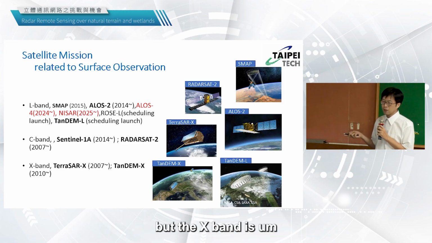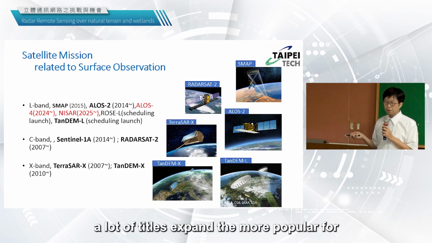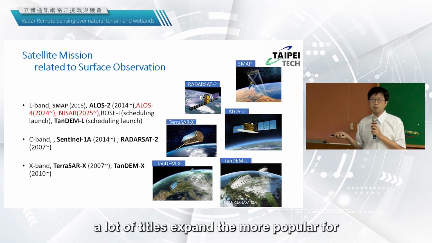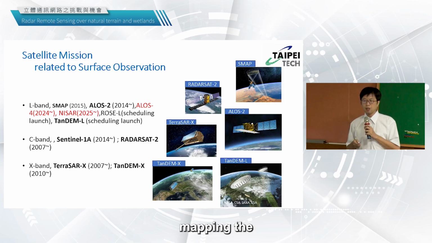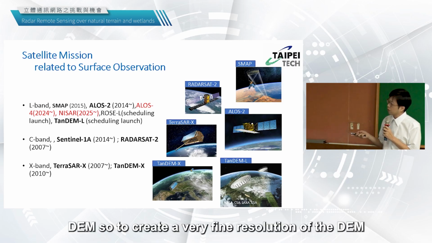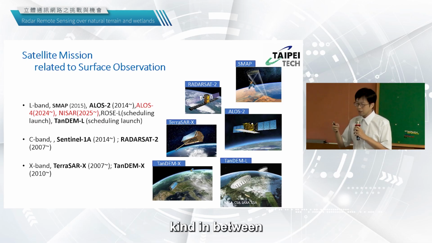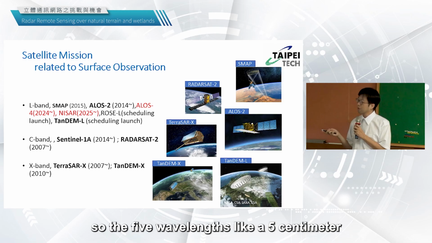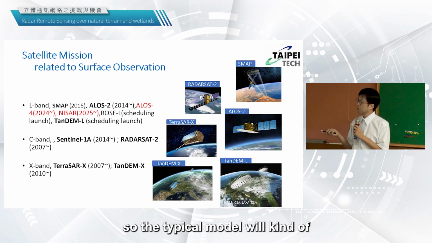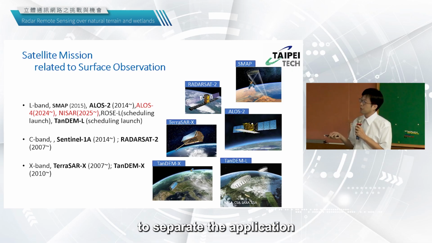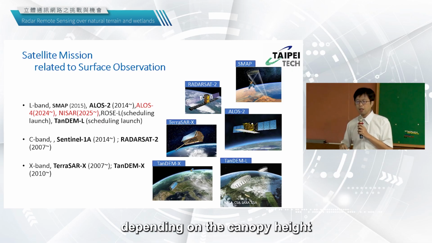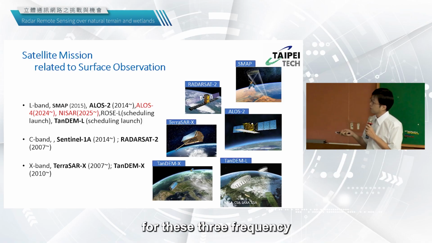X-band is often more popular for mapping the DEM, to create a very fine resolution DEM. C-band is in between, with a wavelength of about 5 centimeters. The typical model separates the applications depending on canopy height for these three frequencies.